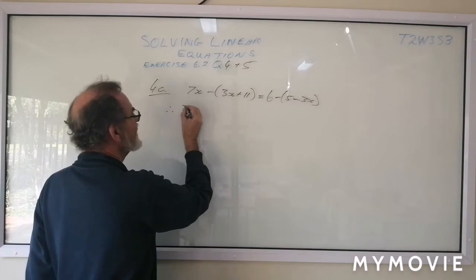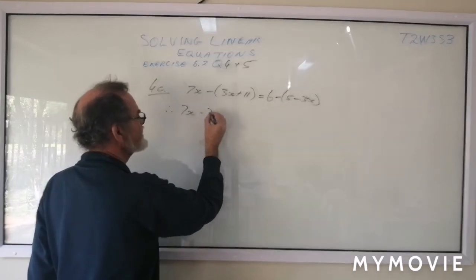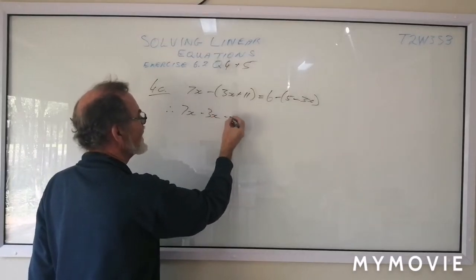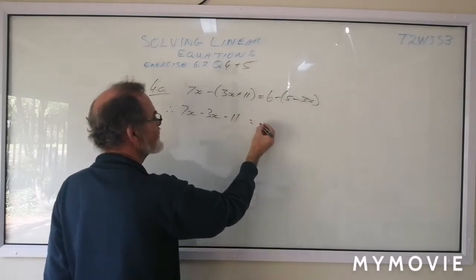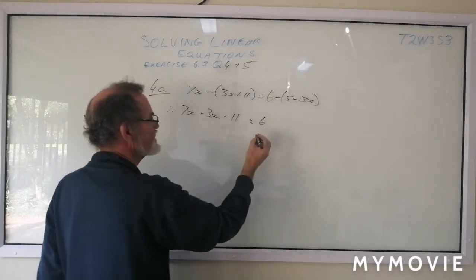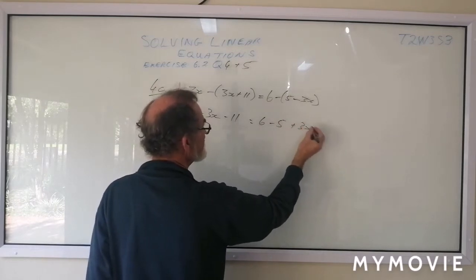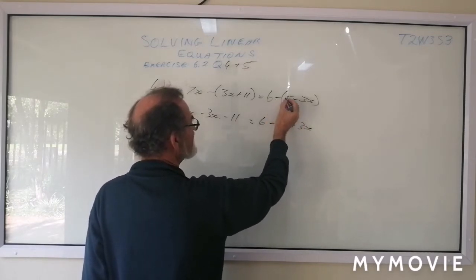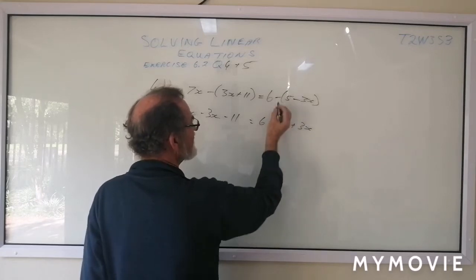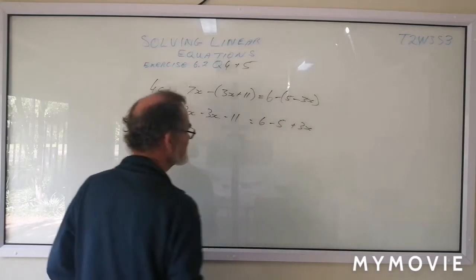So therefore, 7x minus 3x minus 11 is equal to 6, and with this one it's exactly the same, minus 5 plus 3x. Minus times a plus gives a minus, times a minus gives a plus.